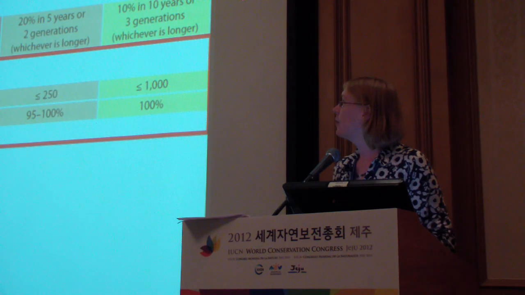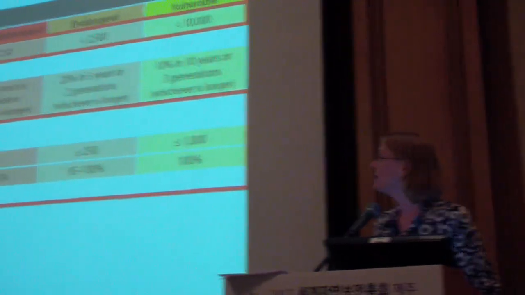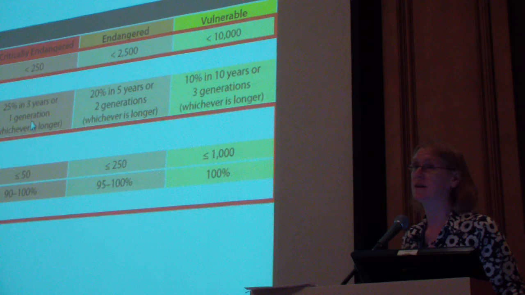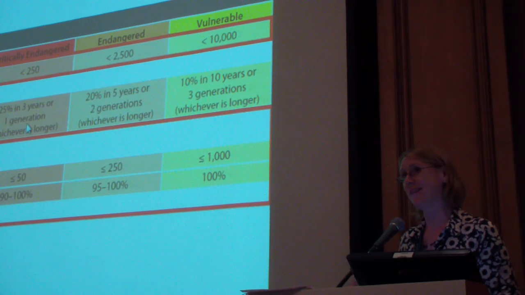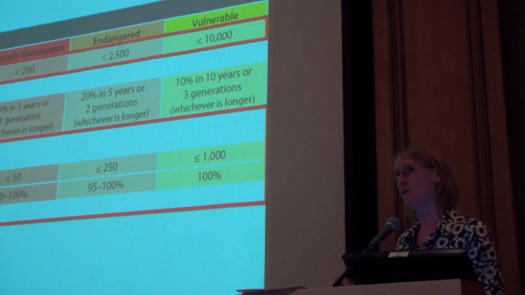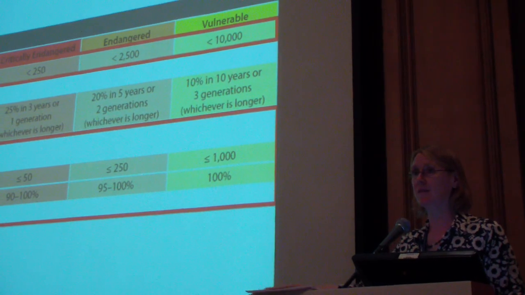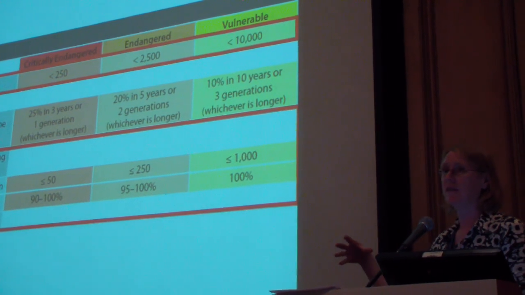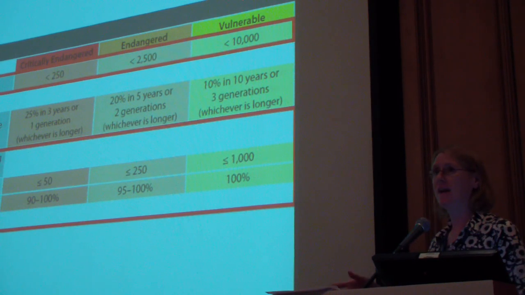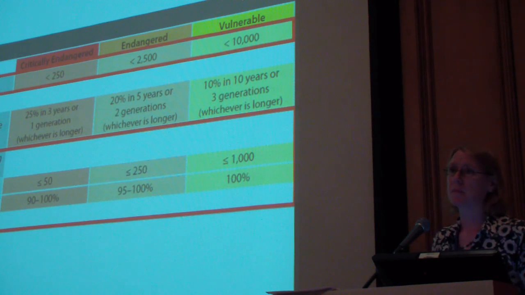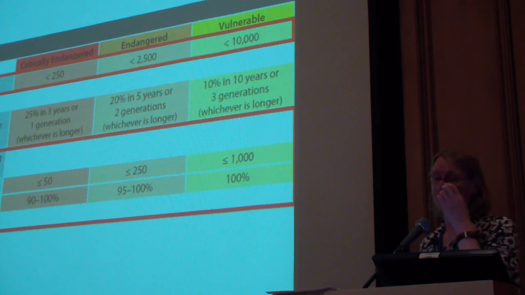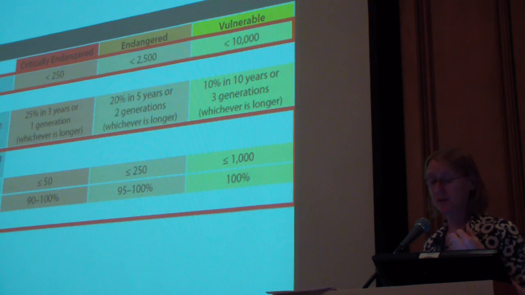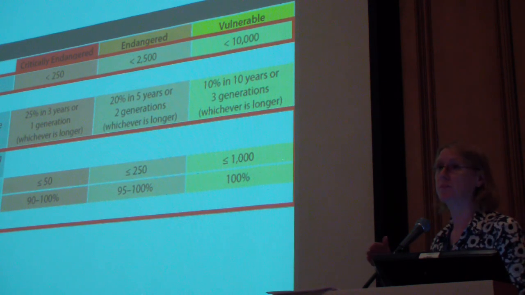We're looking at a 25% decline within 3 years or 1 generation, whichever is longer, whereas in criterion A, you're looking over a longer time period, over 3 generations. So it's more of a broader criterion for A. This is much more immediate, but you can have a combination of both.